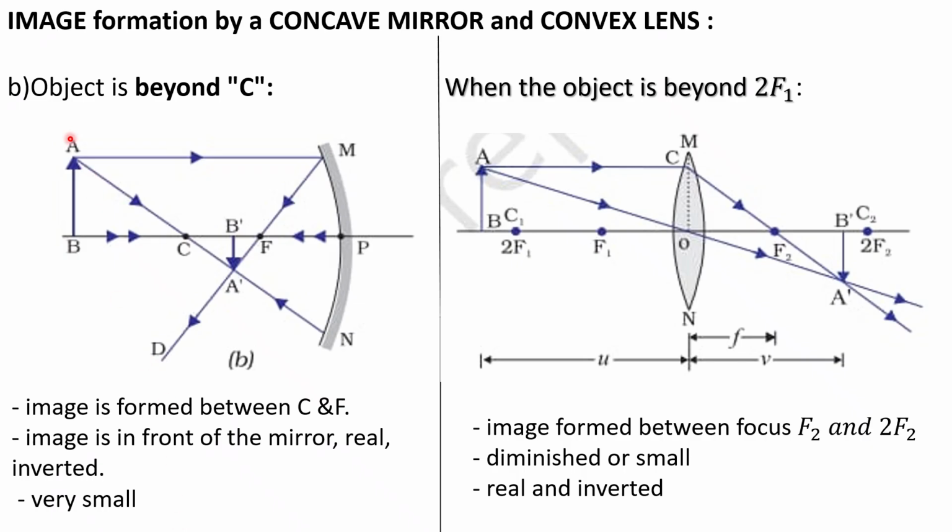When the object is beyond C, the center of curvature, the image is formed in between C and F. Here, if you see, the object is placed beyond the 2F1 or the C1. So here also, the image is formed in between C and F. The image is formed in front of the mirror as it is a real and inverted image.